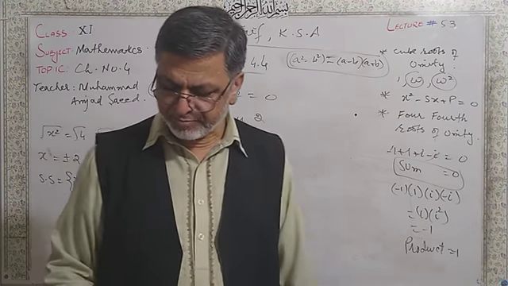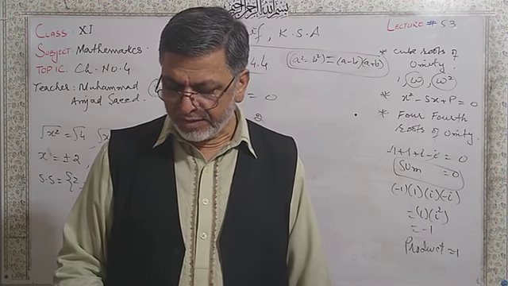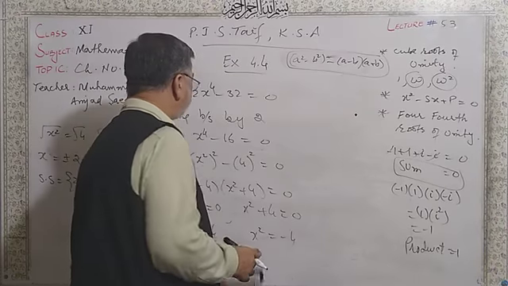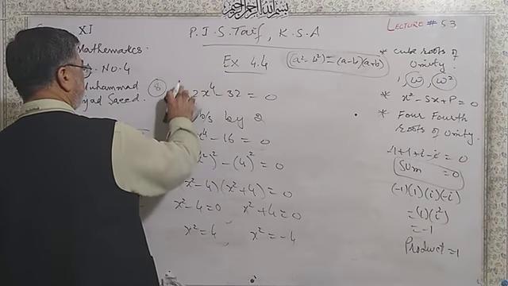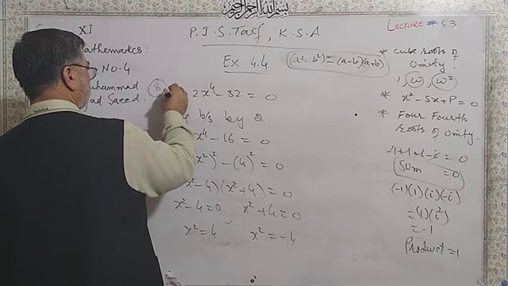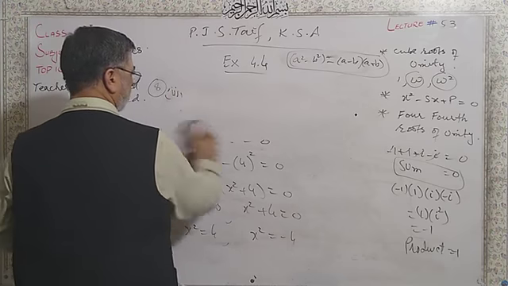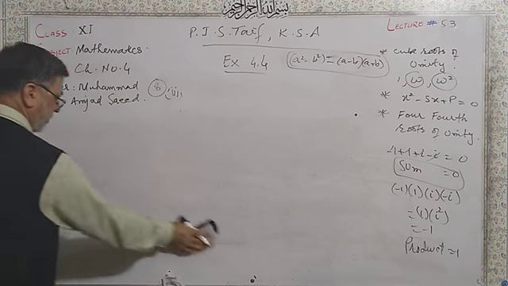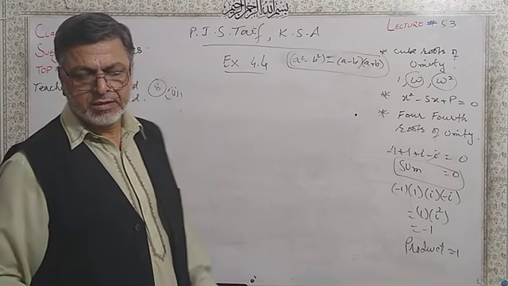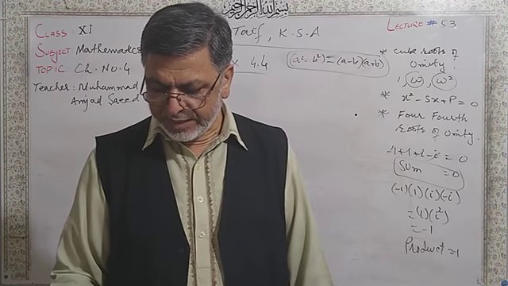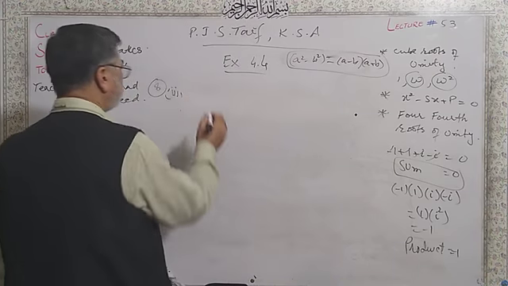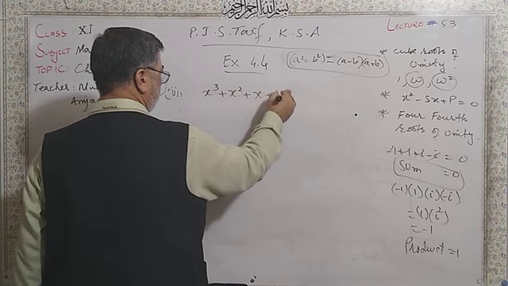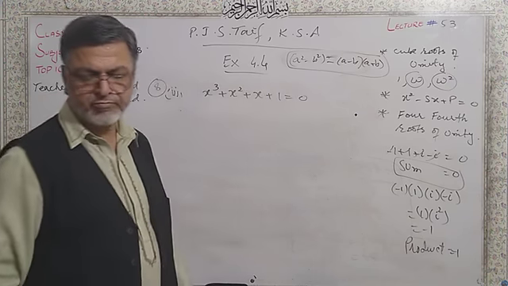After that we have part number 3. Part number 3 is x cube plus x square plus x plus 1 is equal to 0.